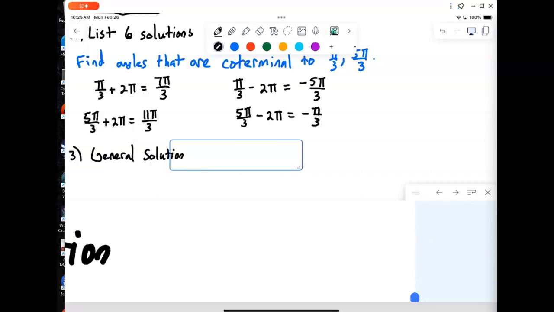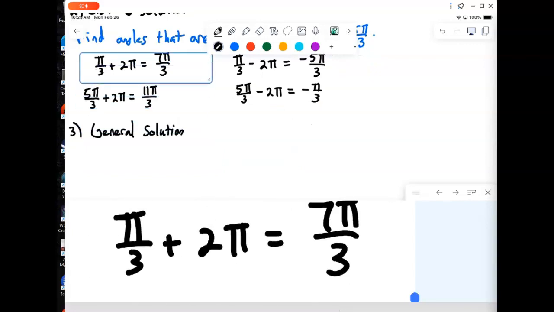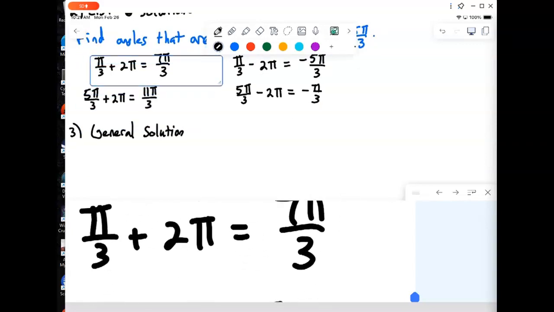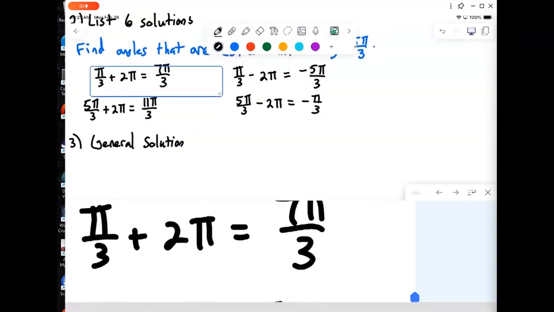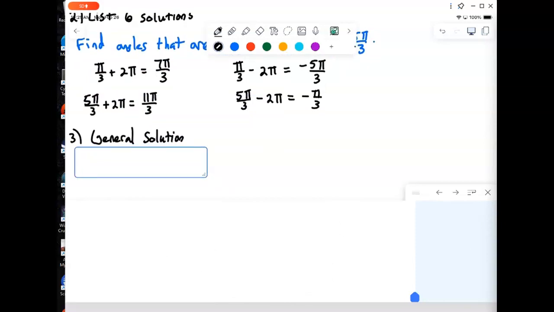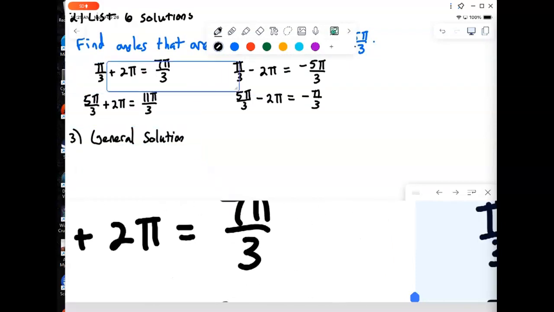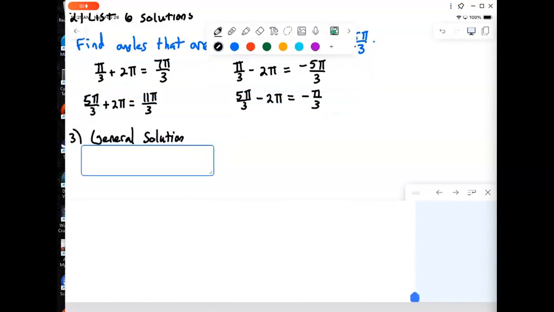The general solution, for the most part, just takes the idea that we just had, which was adding on or subtracting off multiples of 2 pi. Once you understand what's going on here, writing out the general solution is actually a little quicker than what we just did.